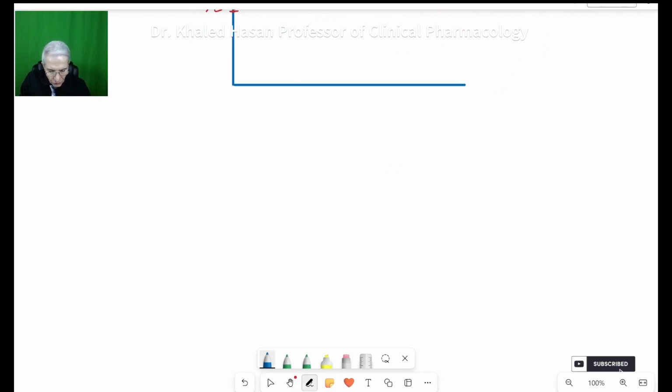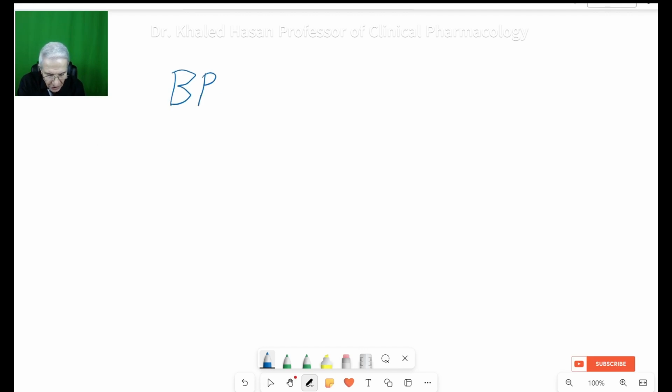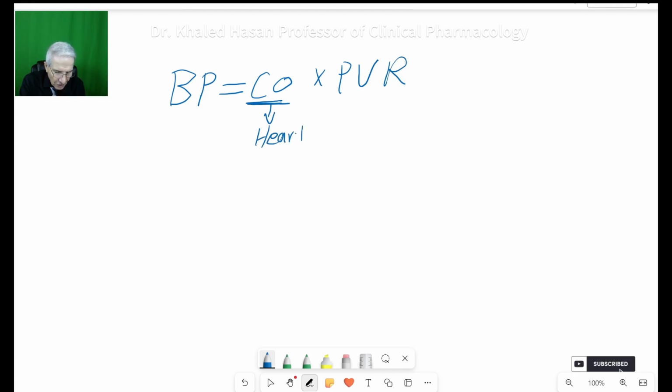First of all, we need to understand the following equation: blood pressure equals cardiac output multiplied by peripheral vascular resistance. In the cardiovascular effect here, we are talking about the heart, and in the heart we mainly have the beta 1 adrenergic receptor.